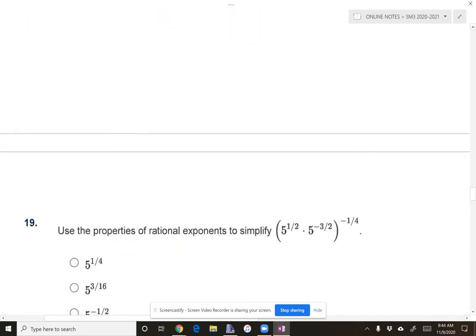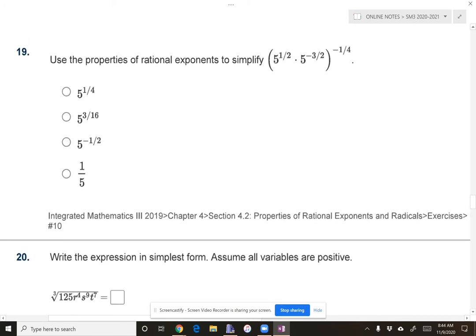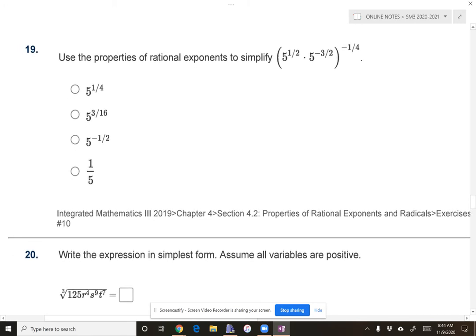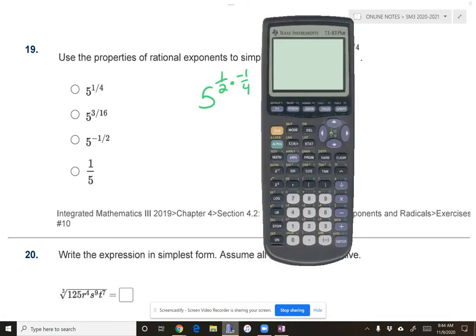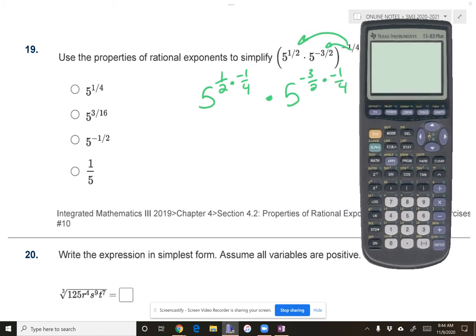Okay? 19 says use the properties of rational exponents to simplify. So remember, when we have something on the outside, an exponent on the outside, it's going to distribute to everything on the inside. So I have 5 to the 1/2 times negative 1/4 times 5 to the negative 3/2 times negative 1/4. And we're not super good at our fractions, but we're going to figure it out, okay, because I showed you.